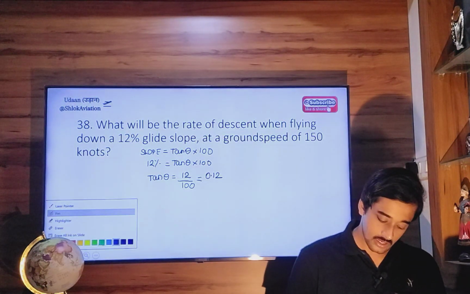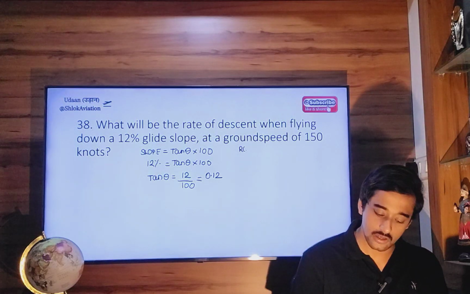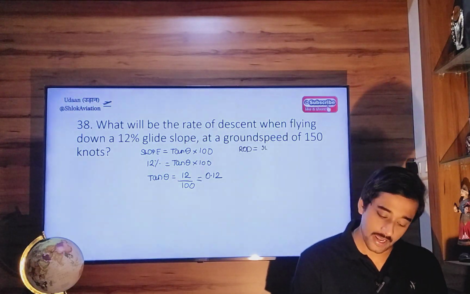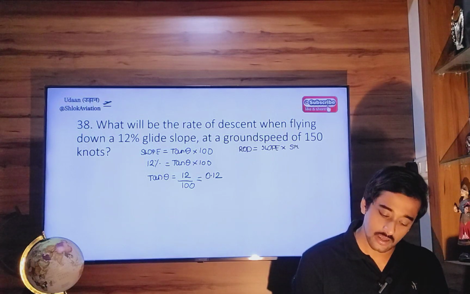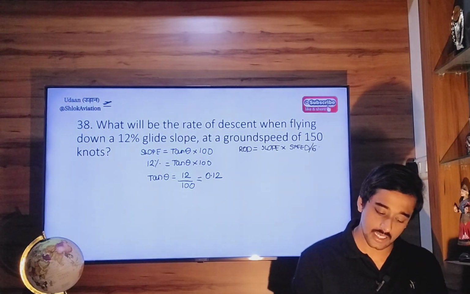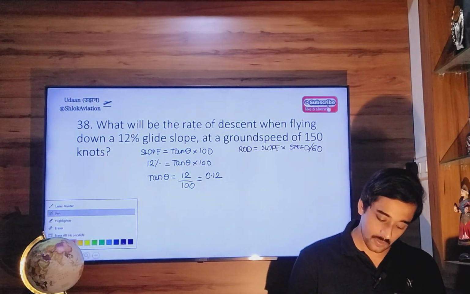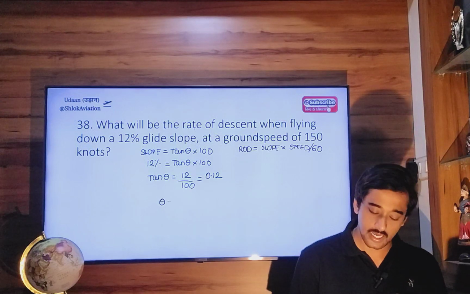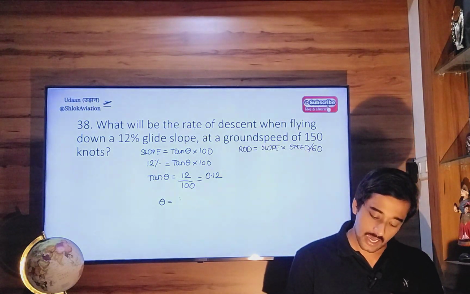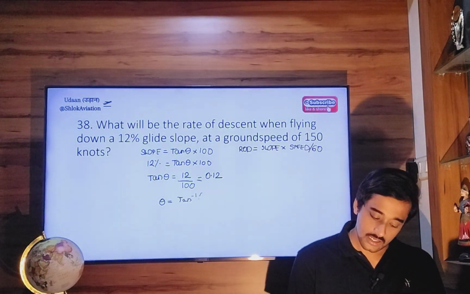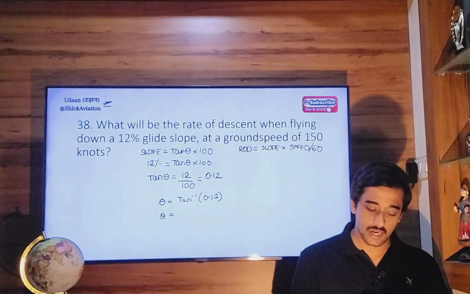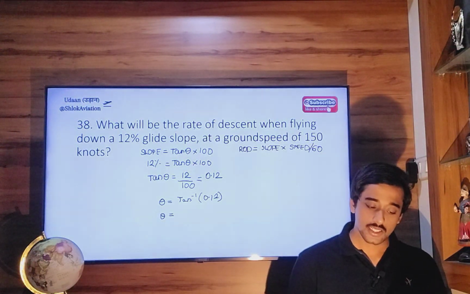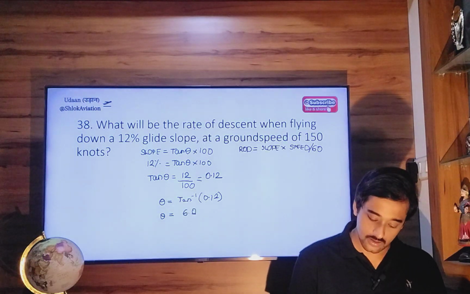Now rate of descent equals your glide slope angle into speed in feet per minute divided by 60. Now here the glide slope angle is how much? Theta, that is angle, will be tan inverse 0.12, which is 6.8 degrees.